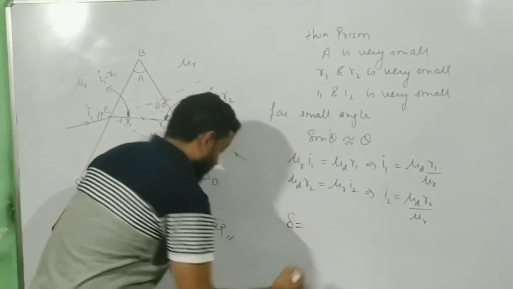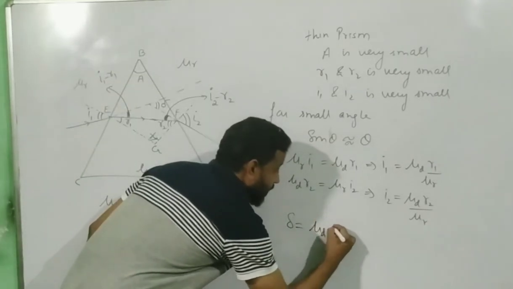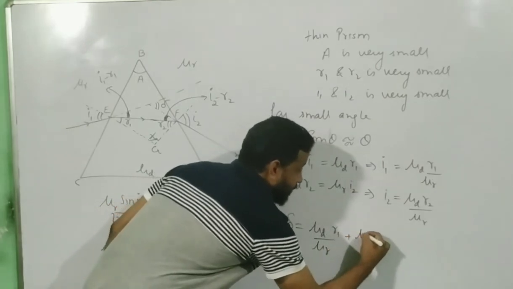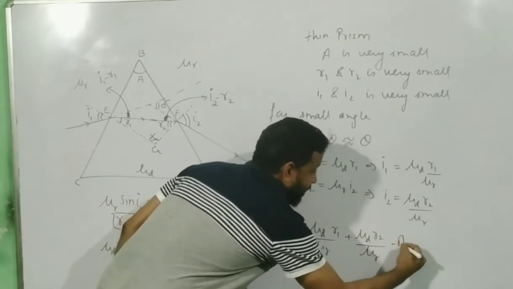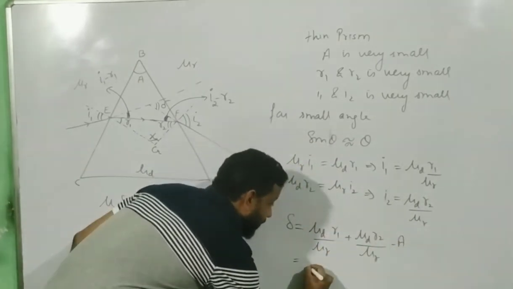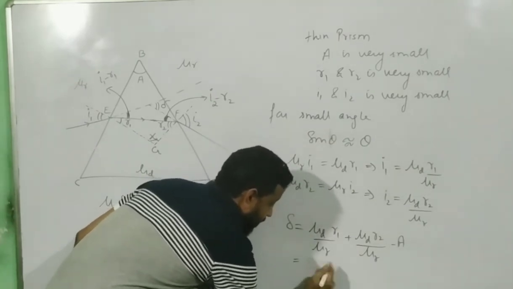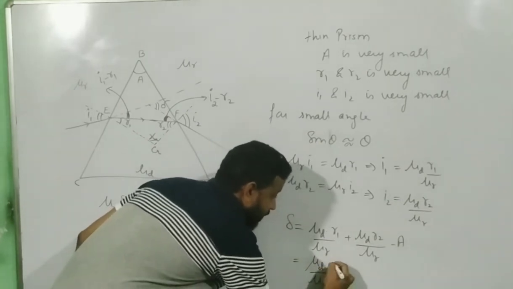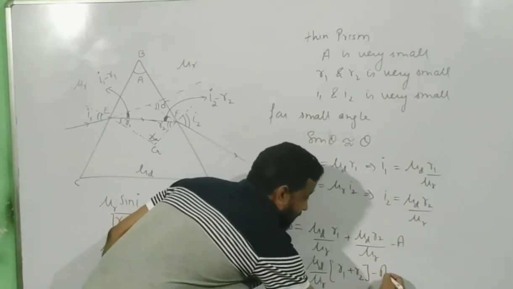So deviation will be equal to I1 plus I2. What is I1? I1 is mu d R1 by mu r plus I2, I2 is mu d R2 by mu r minus A. And if I take mu d by mu r common, I will get this one as R1 plus R2 minus A.